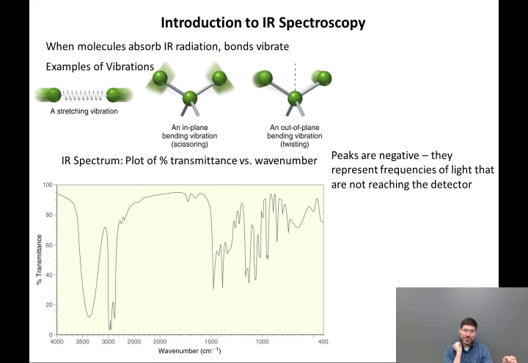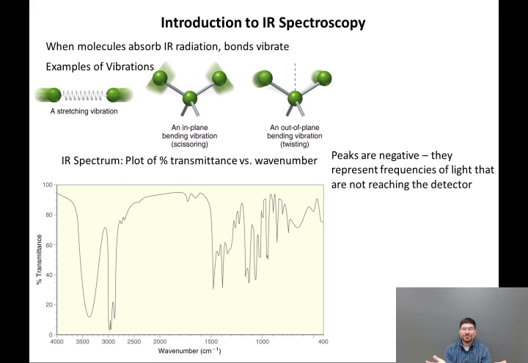So if you had no sample there, light would be going from the source straight to the detector, and all of it would be transmitted. If you put a sample in between the source and the detector, the sample is absorbing light at certain frequencies. And the frequencies of light that get absorbed, of course, are not reaching the detector and not getting transmitted.